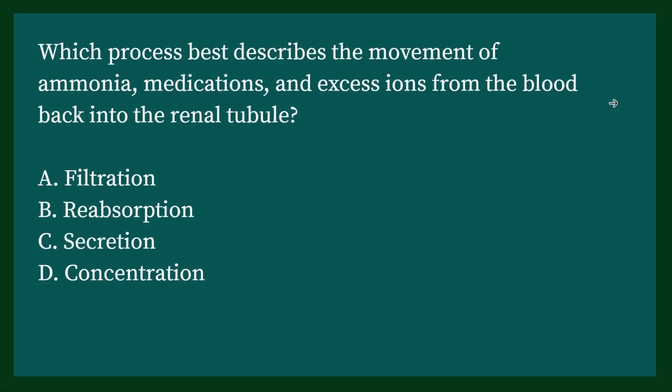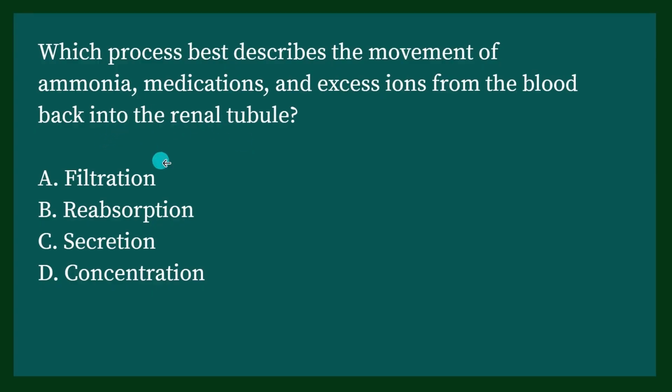Next question. Which process best describes the movement of ammonia, medications, and excess ions from the blood back into the renal tubule? Okay, so a process that describes how ammonia, medications, and ions move from the blood back into the renal tubule.